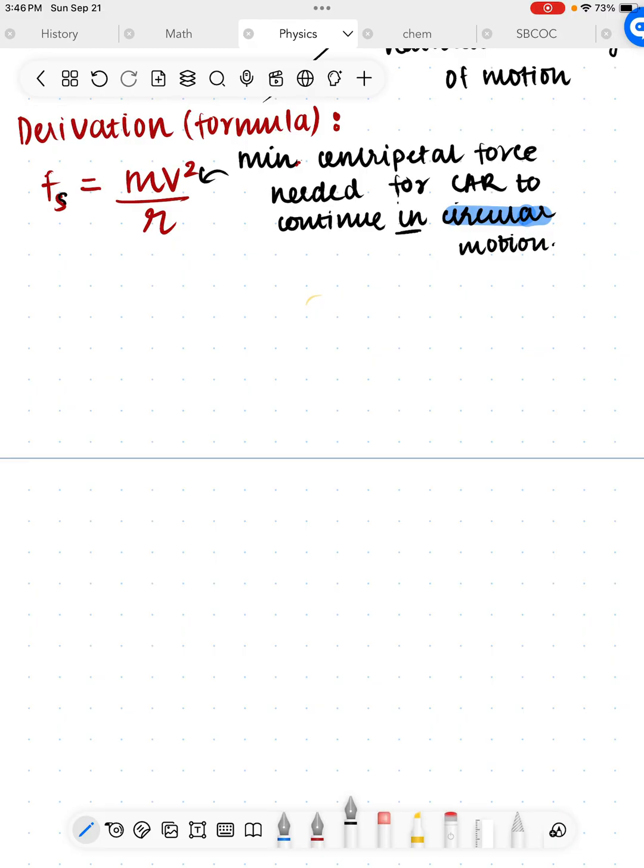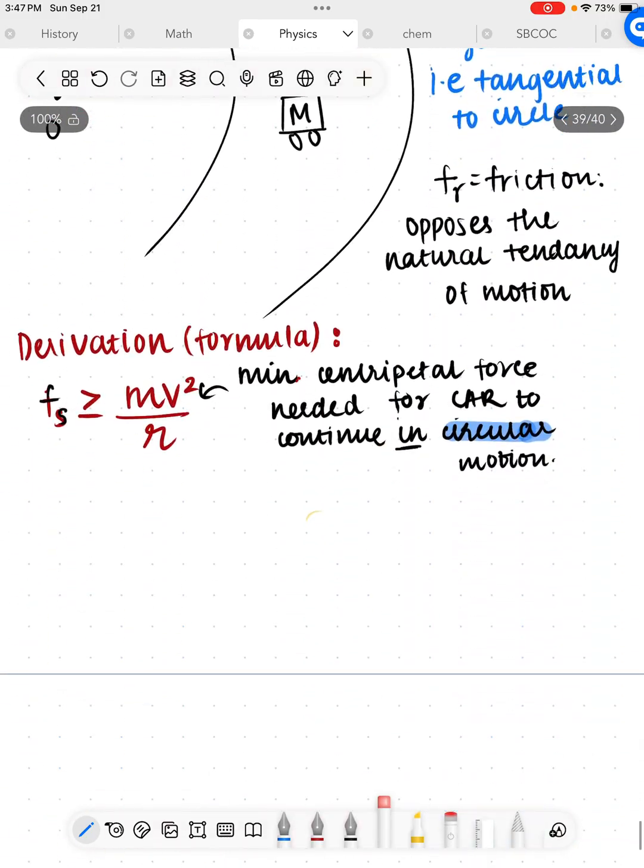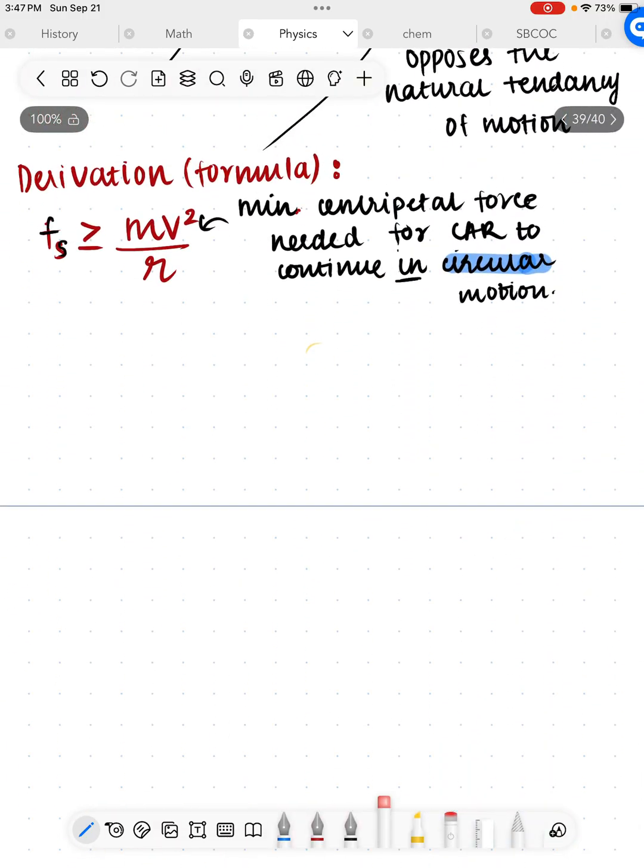So Fs has to be providing that much, right? Can it provide greater than that much also, children? Can it provide greater than centripetal force? Yes, it can, right? It can be greater. The car will shift inwards. It can be greater also, but it can't be less, na?